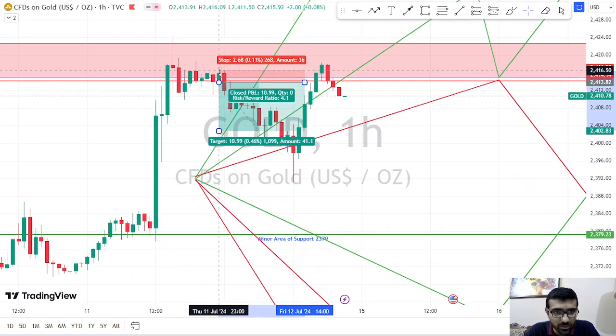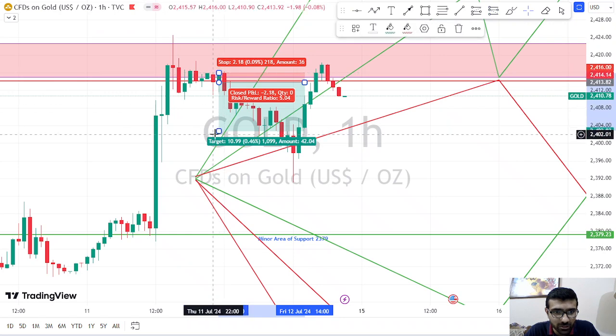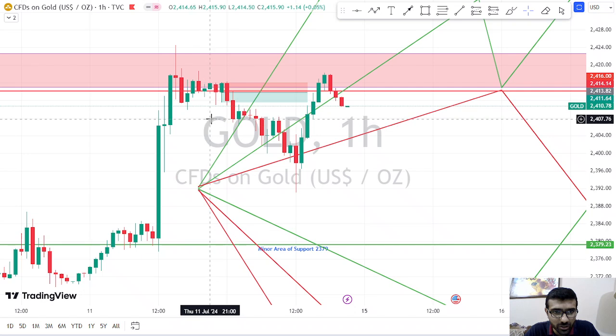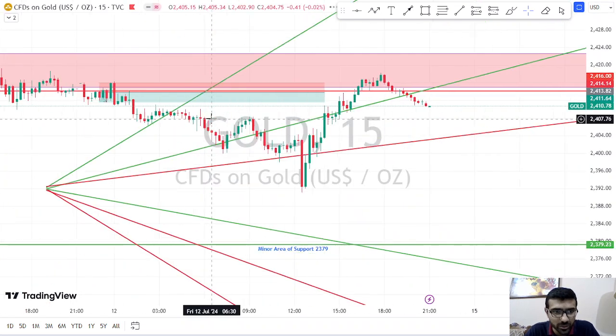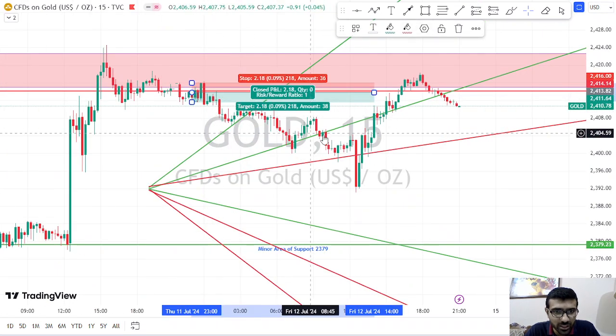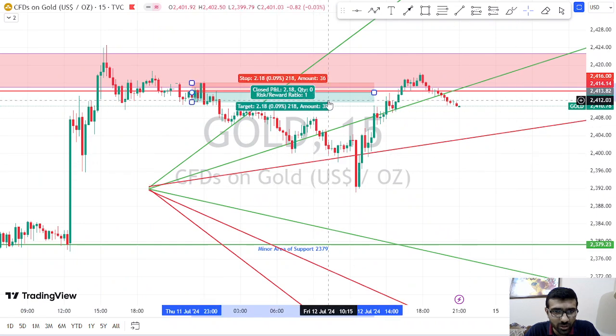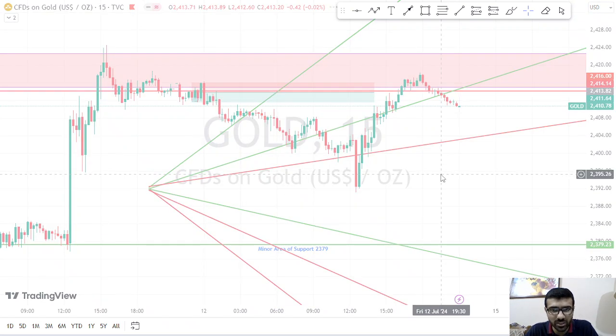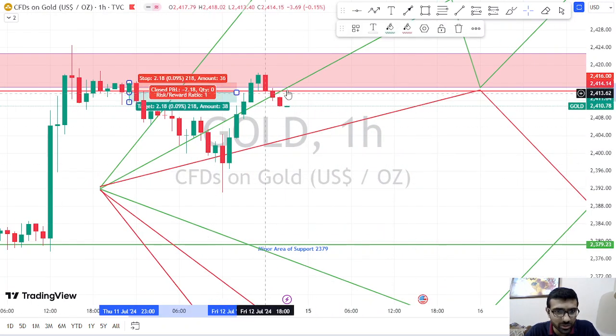Our stop loss will be just above this previous candle, and our take profit could possibly be over here. But for that we have to go to the 15-minute chart, and you can clearly see that we hit a level of 1% before market went against our direction. Okay, so let us go back to the 1 hour chart and continue the discussion.